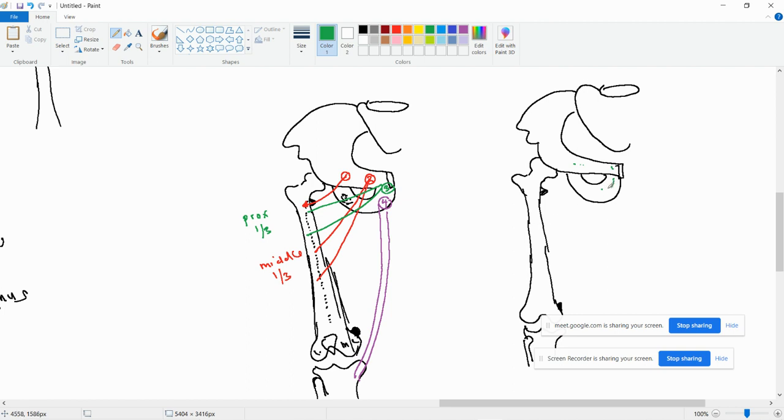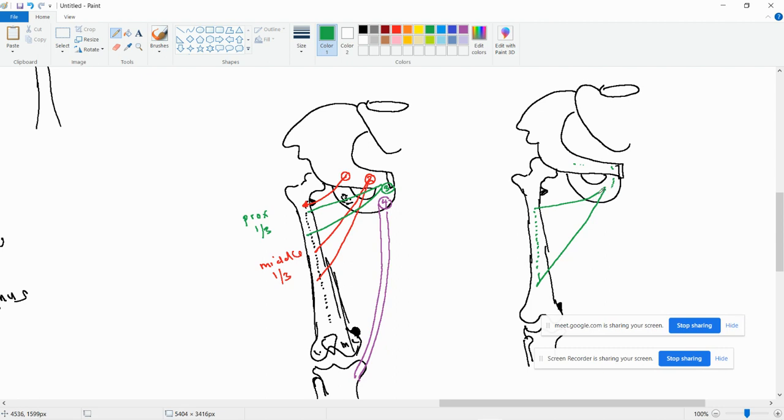It attaches to your linea aspera posteriorly, or specifically, the distal third of the linea aspera. It comes from the inferior ramus of pubis and also the ramus of ischium.